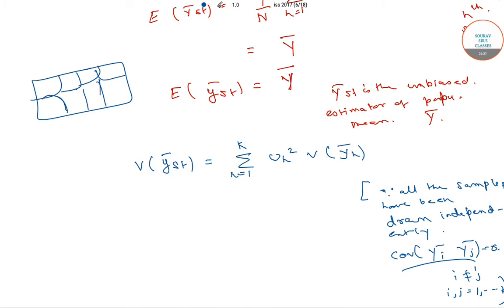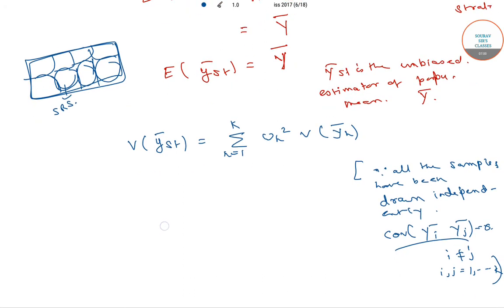The sampling from each of these strata is done with the process of simple random sampling. Even though the overall sampling method is the stratified sampling method, the sampling method used to obtain the sample from each strata is simple random sampling. So therefore we will have two cases.